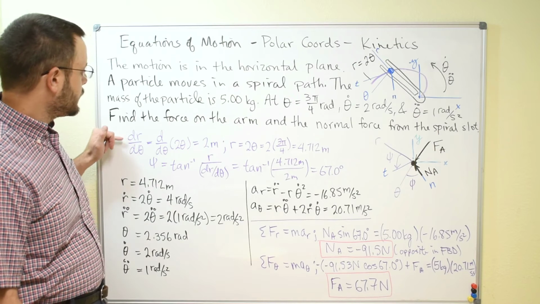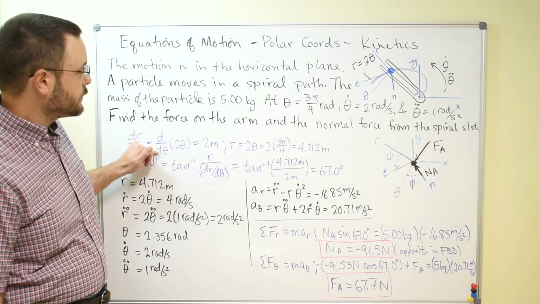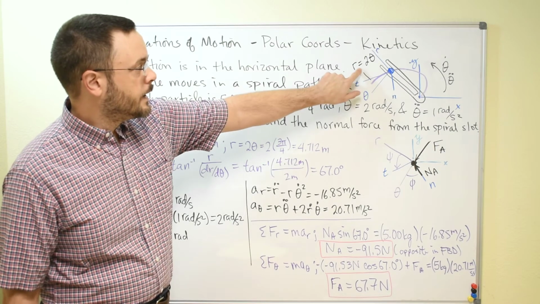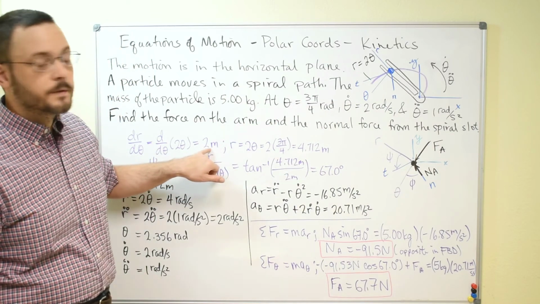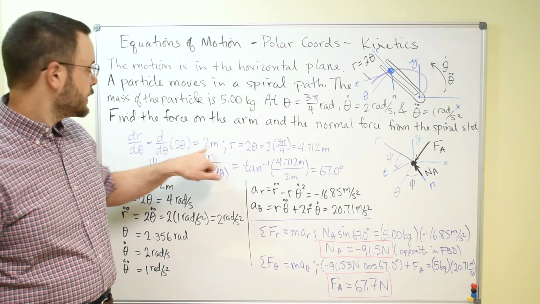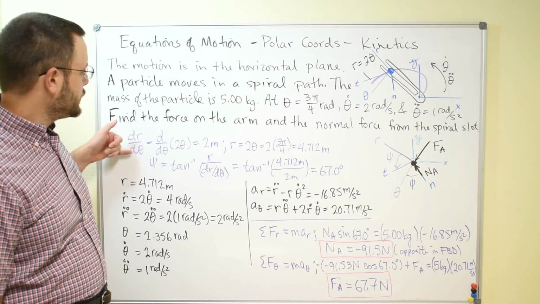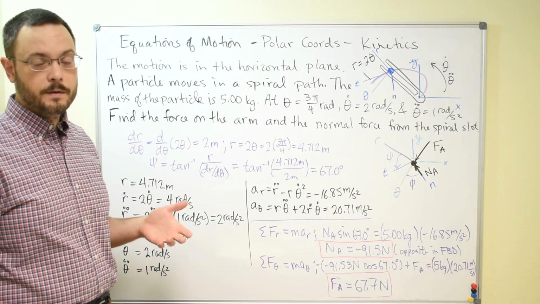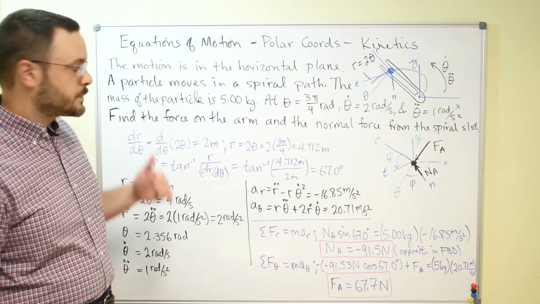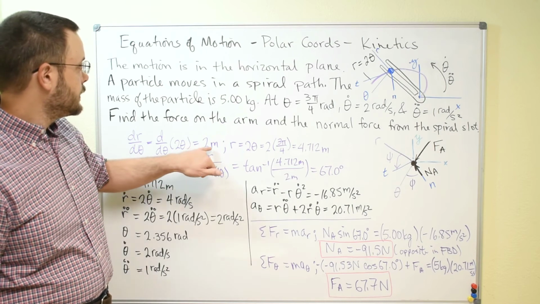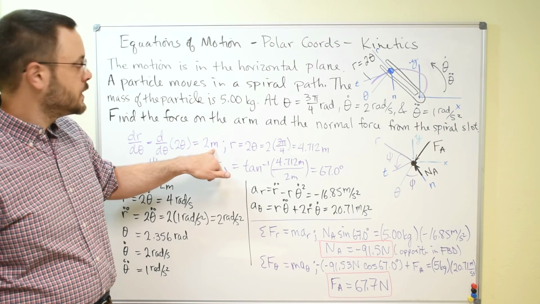So we can get dr d theta as the derivative with respect to theta of our path. That'll give us just 2, because it's how r changes with respect to theta, and theta is in radians. So theta is basically unitless, and then dr d theta will have units of meters.